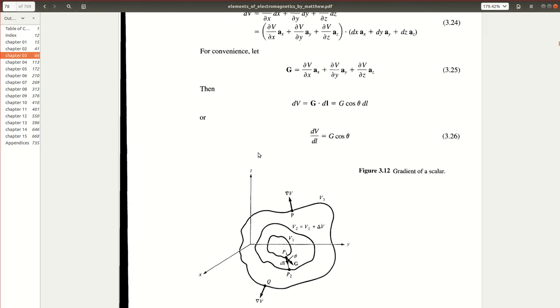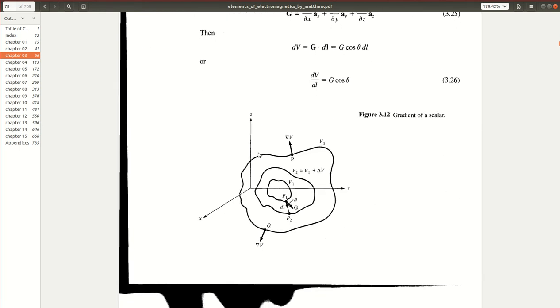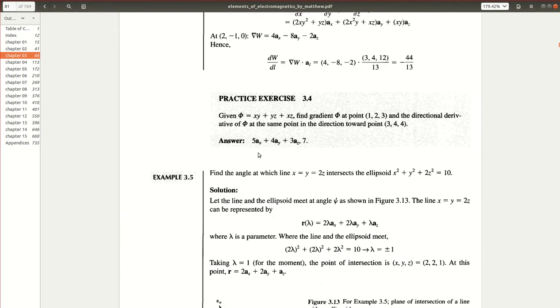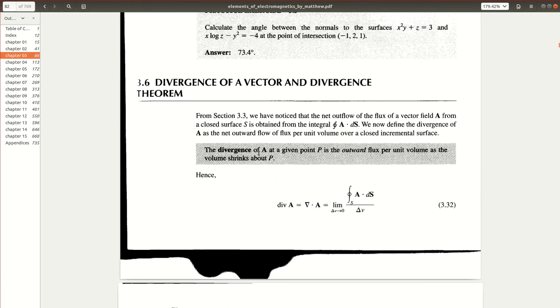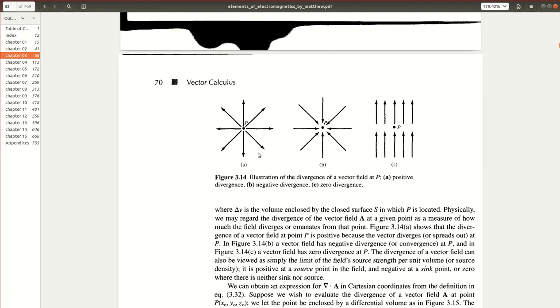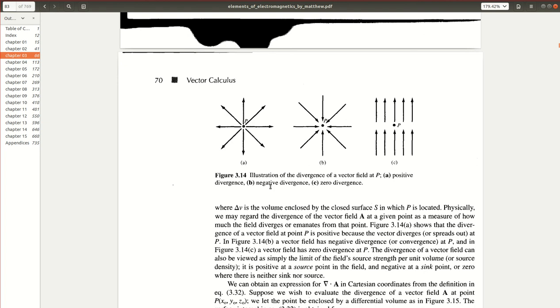This is the del operator, the gradient, and the divergence. Here is an illustration of the divergence of a vector field at P. This is the point where the volume converges to zero, so it becomes a point in space. This is the meaning of divergence.